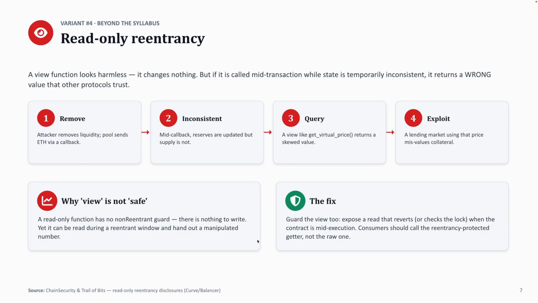Instead, add another function, a check balance of function, and implement non-reentrant on that view function, such that mid-execution it will call check balance of, and if it tries to re-enter, that will then revert the transaction.